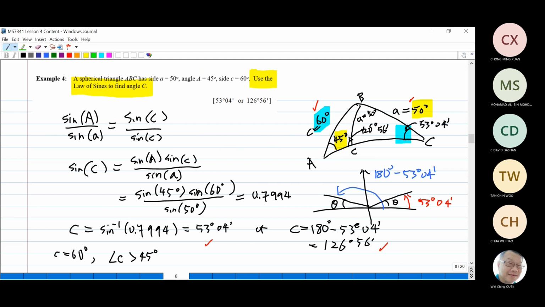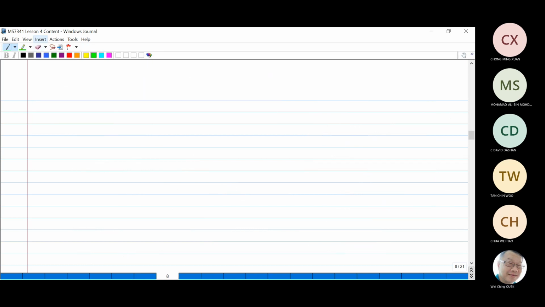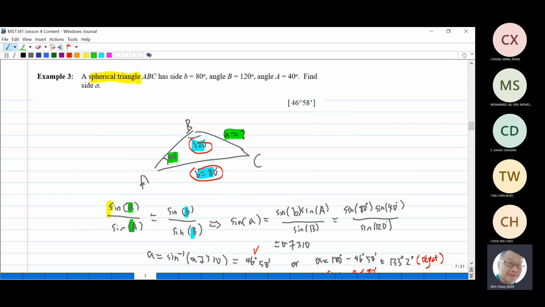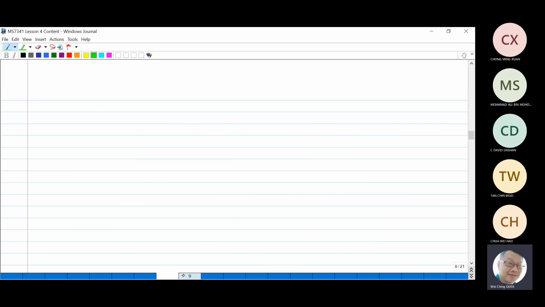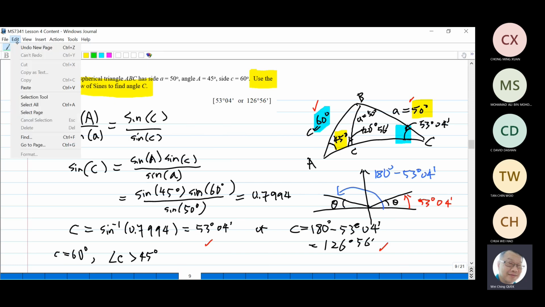So anyway, the same sine law can apply. So what do you draw, right? Let me show you the picture of what I initially drew.